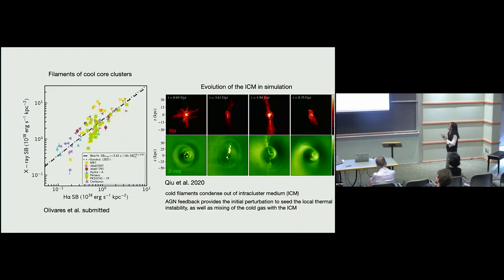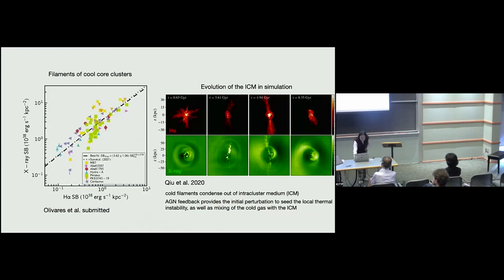One explanation is that this cold filament condensed out of the intra-cluster medium, and the AGN feedback may provide the initial perturbation needed to seed the local thermal instability. Similar to the tail, it also requires mixing of the cold gas with the intra-cluster medium, and this mixing could bring down the cooling time and help it condense.